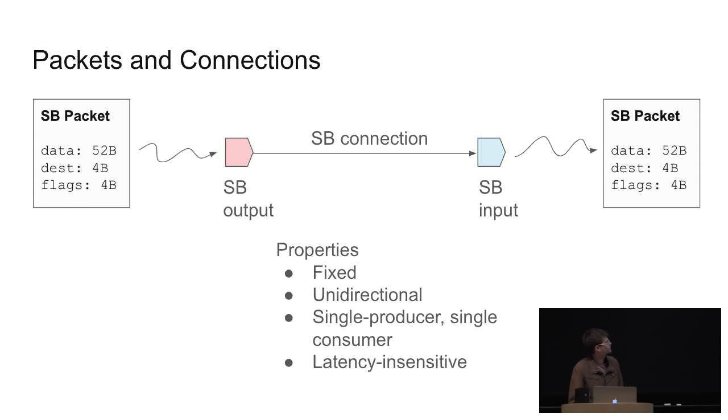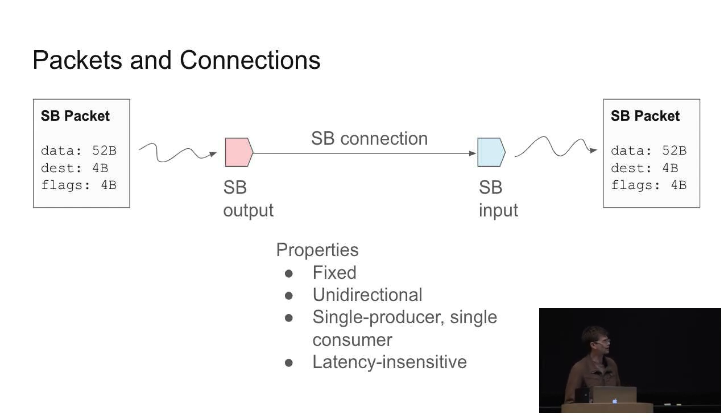The basic building block, or the basic unit of communication in Switchboard, is the Switchboard packet. A Switchboard packet has up to 52 bytes of data payload, and it's also got an integer destination that's used for routing, and some optional flags that are used to optimize performance.